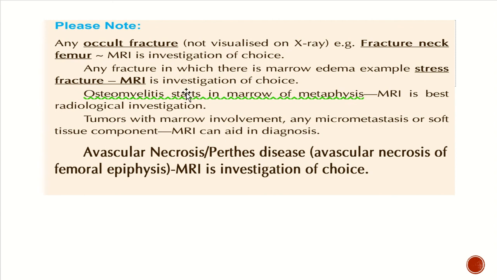Osteomyelitis also starts in the marrow of metaphysis, so MRI is the best radiological investigation. Tumors with marrow involvement, any micrometastasis or soft tissue components, MRI can aid in diagnosis. And in avascular necrosis or Perthes disease, avascular necrosis of femoral epiphysis, MRI is investigation of choice.